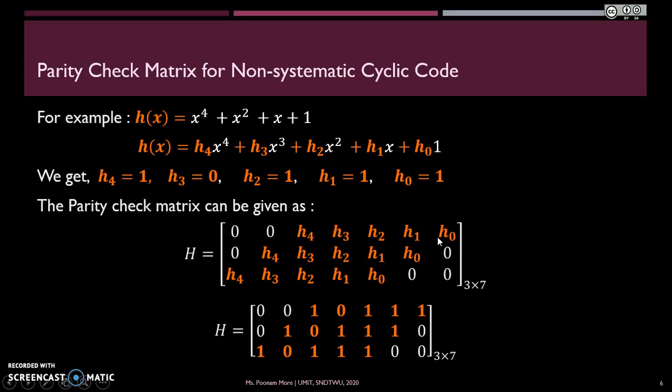Now you will perform the left shift by 1 position on the first row to get your second row, and again you will perform the left shift on the second row by 1 position to get your third row. And this is how you can form your 3 by 7 parity check matrix. And after filling the values of each coefficient in this matrix, you can form your final parity check matrix in terms of ones and zeros. So this is the way you can find the parity check matrix.